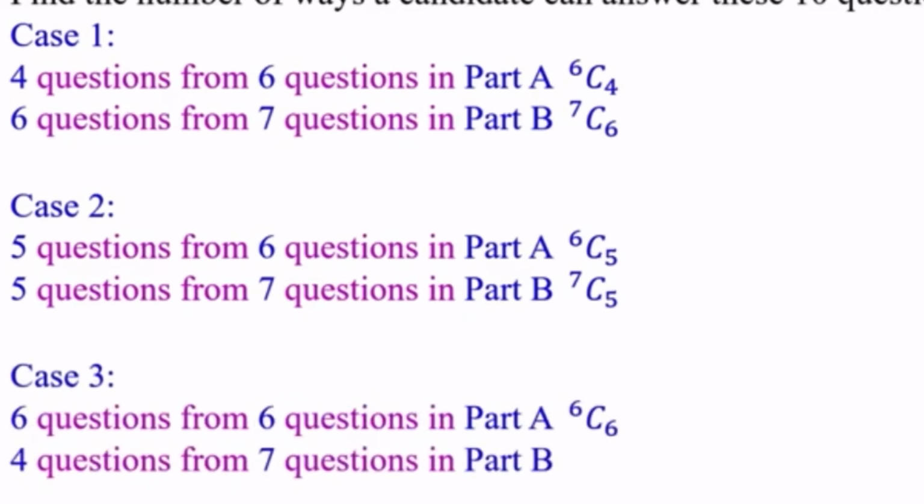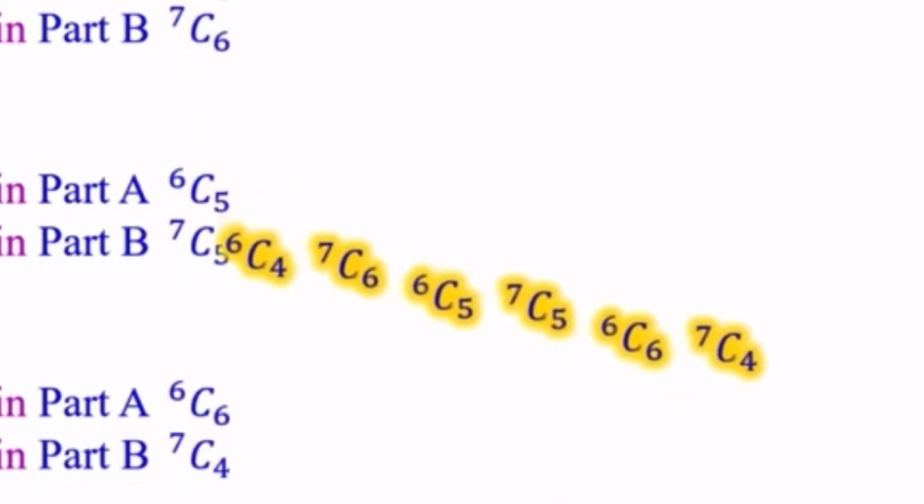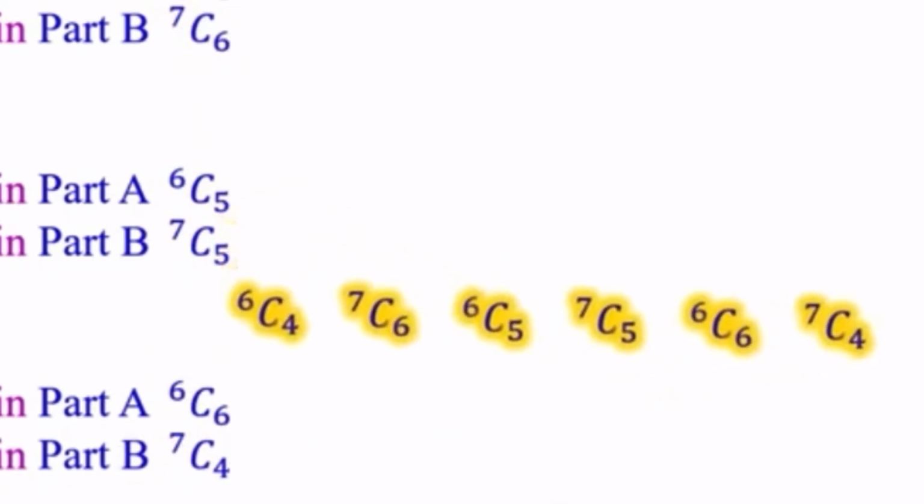In this case, we have 3 cases. Case 1 is 6C4 times 7C6. When we see 'or', we will add. Case 2, we multiply 6C5 by 7C5.